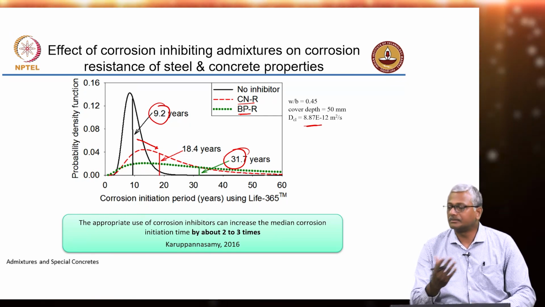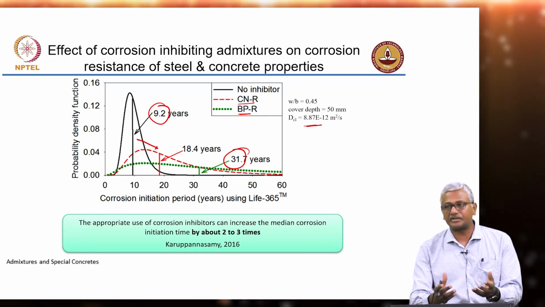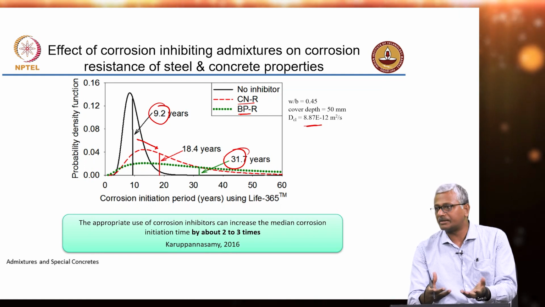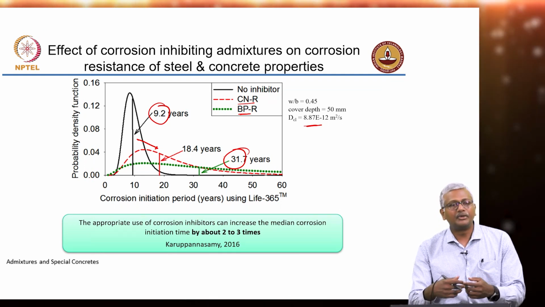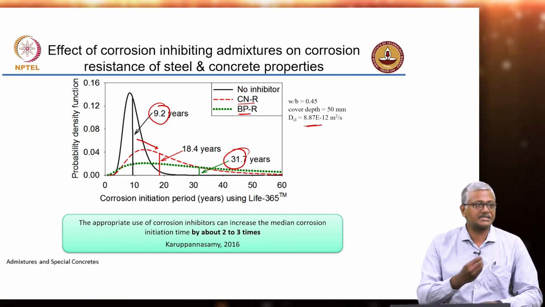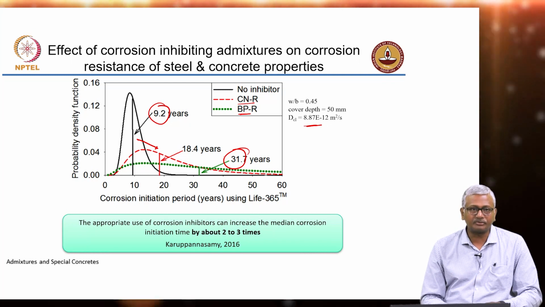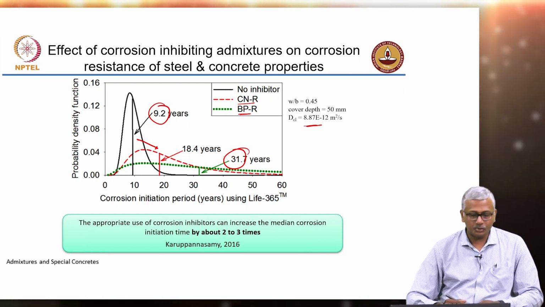So, again the model can obviously have some error in its prediction, but the mechanism is quite simple to understand. It is just that you are having these additional chemicals that enhance the resistance to anodic or cathodic reactions or both, and that leads to better corrosion resistance in the system.